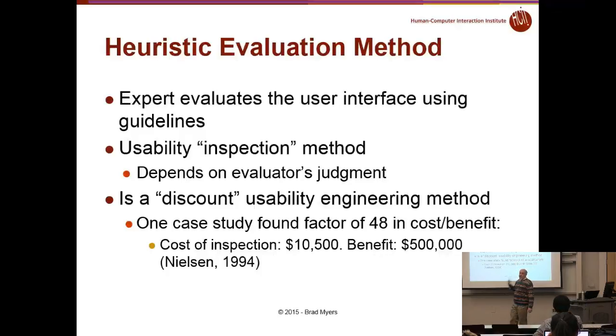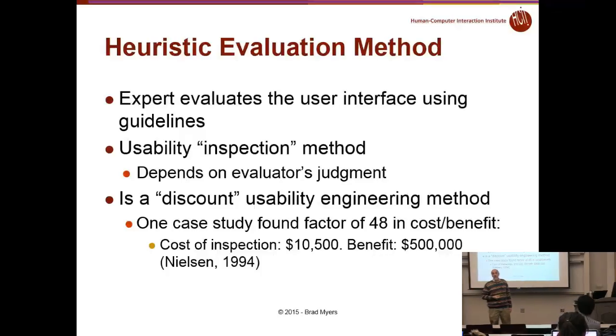However, it does depend on the evaluator's judgment. So you're going to try and decide to what extent the systems violate these rules or comply with them. It's called discount because it's cheap and quick.